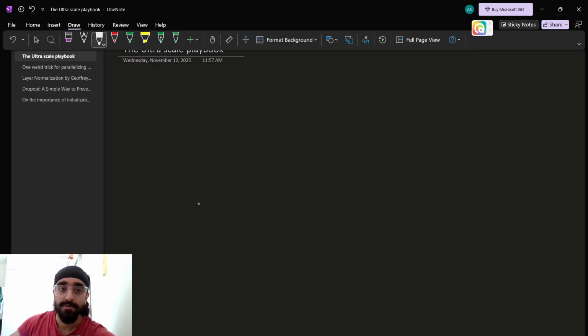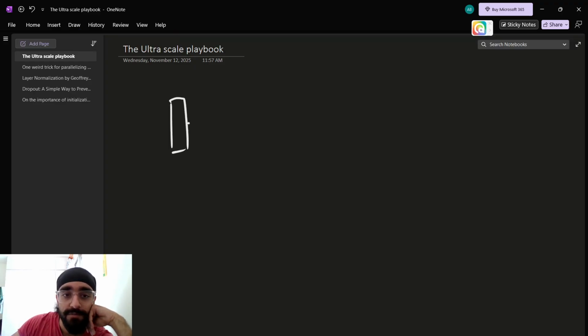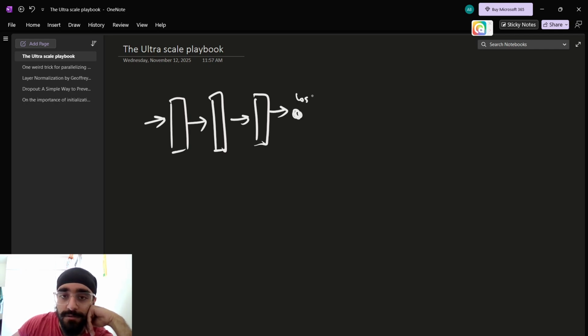Okay, so let's say we have multiple layers. Okay, and this is the loss function. The loss function could be a function of this final output. Loss is a function of output, and here each layer L1, L2, L3 has learnable parameters. Let's call them theta 1, theta 2, theta 3.